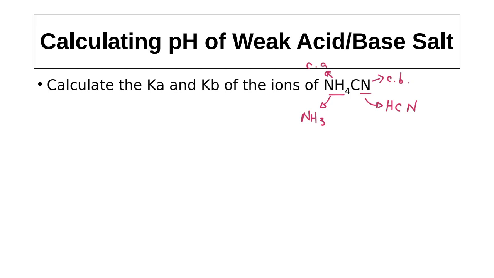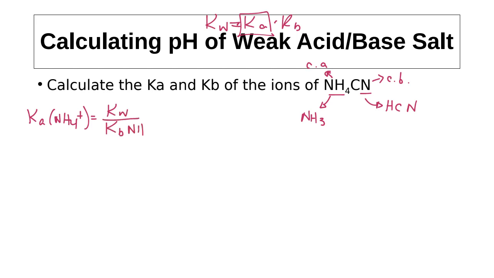And so what we'll do is calculate the Ka of the ammonium ion, and we're going to use this formula that we have learned already, Kw equals Ka times the Kb. So we are still solving for the Ka, so we're going to take the Kw and divide it by the Kb of the base that ion was derived from. The Kw value is 1.0 times 10 to the negative 14.